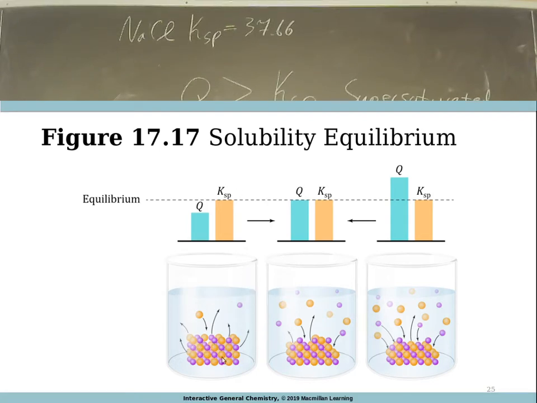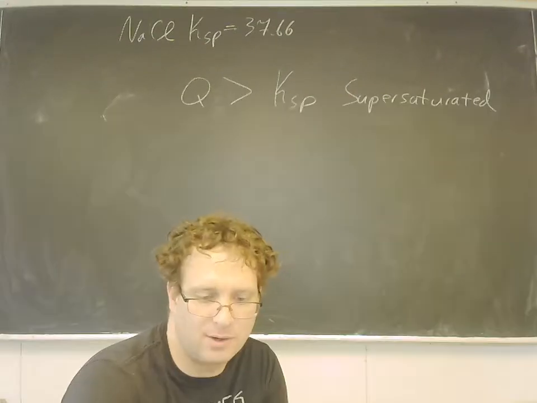You'll have ions leaving into solution at a fast rate, and your amount of solid will go down until you establish equilibrium. And if you have Q greater than K, then you've got more ions in solution than you need, and they'll be depositing and forming a new precipitate product through a precipitation reaction. Okay, that's all we need to know about that.